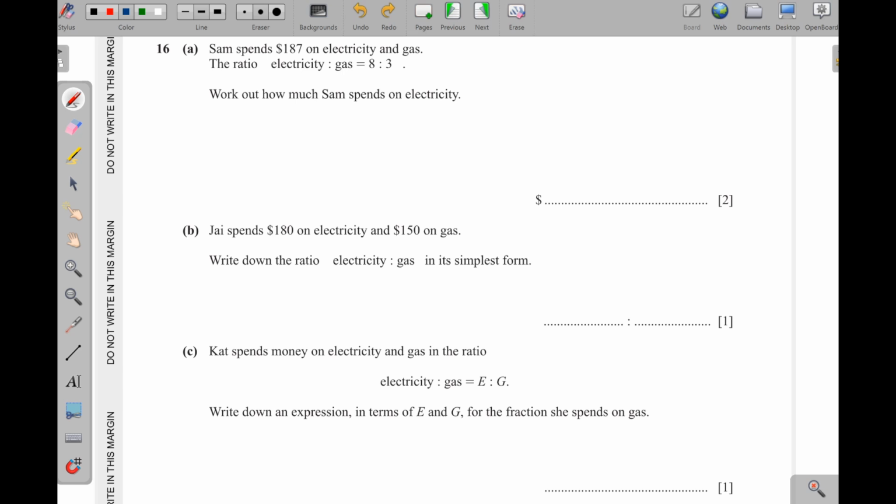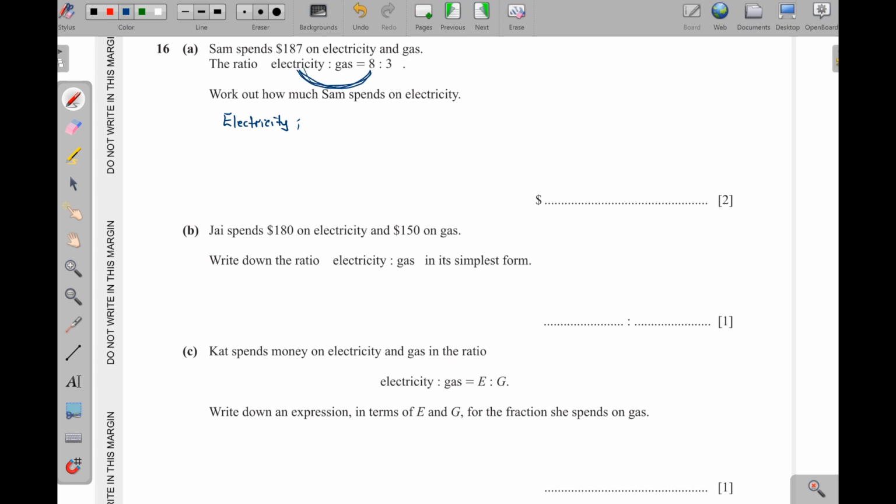Question 16, part A. Sam spends $187 on electricity and gas. The ratio, electricity to gas, is 8 to 3. Work out how much Sam spends on electricity. So here, the total ratio is going to be 8 plus 3, right? But 8 belongs to the electricity.